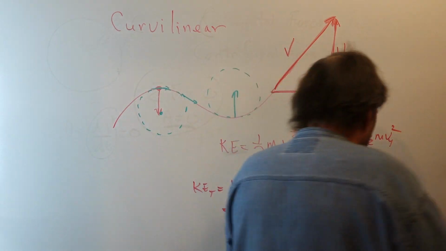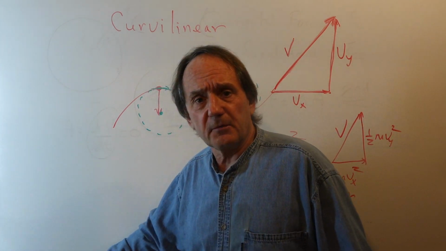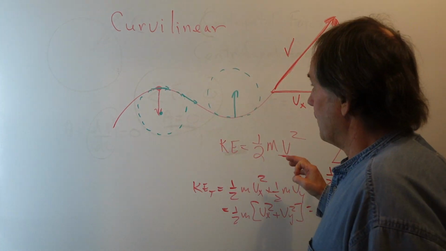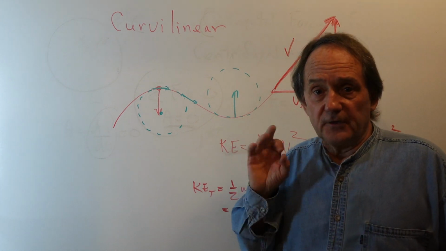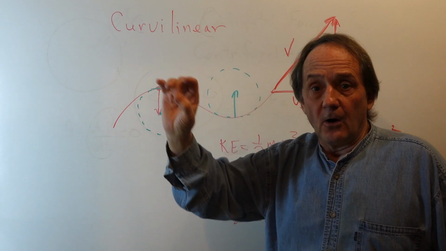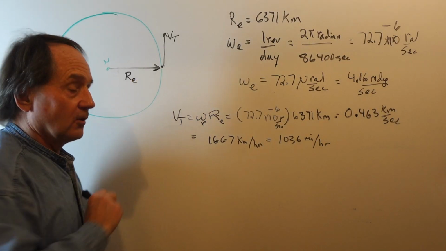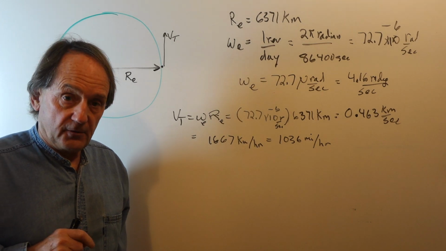Now, let's put some numbers in for the Earth. These are numbers that we're going to be using for the Coriolis effect, and you'll need to remember them, but we'll derive them here now and use them in part. Okay, now we're going to get some numbers for the Earth.